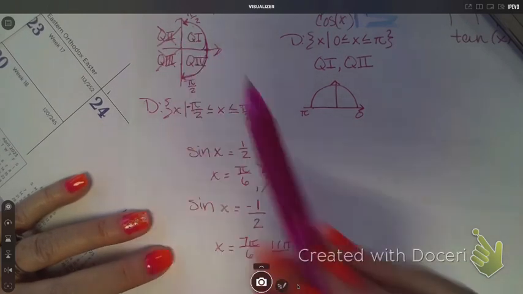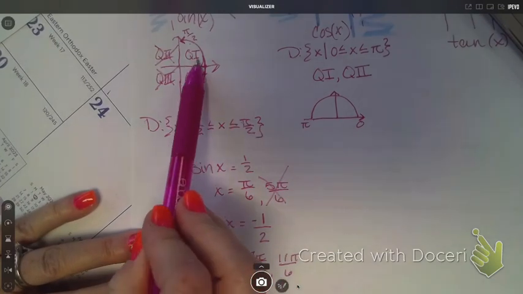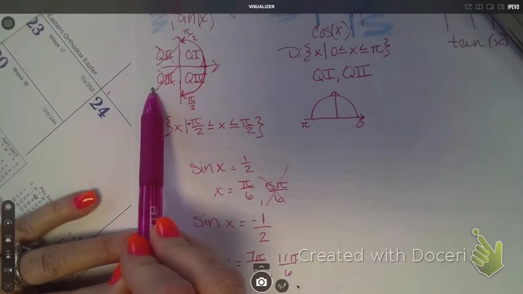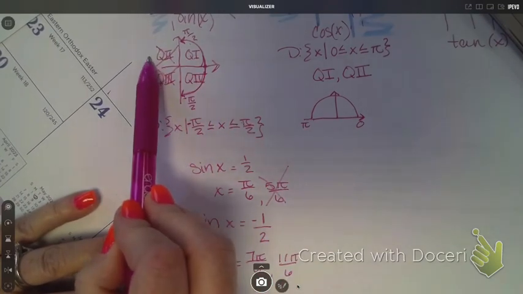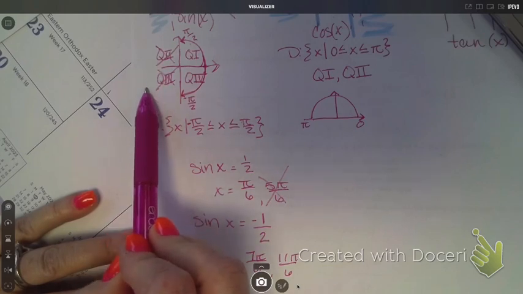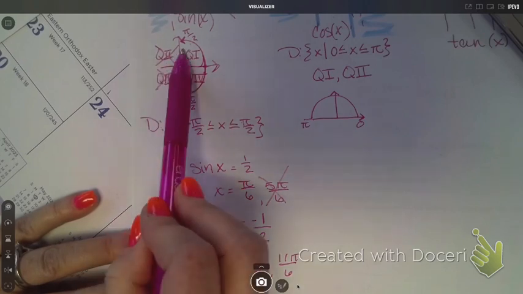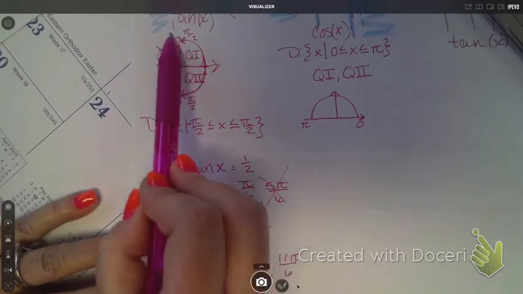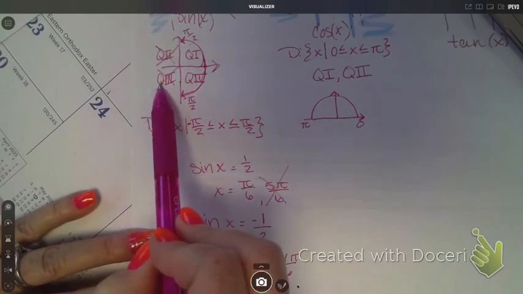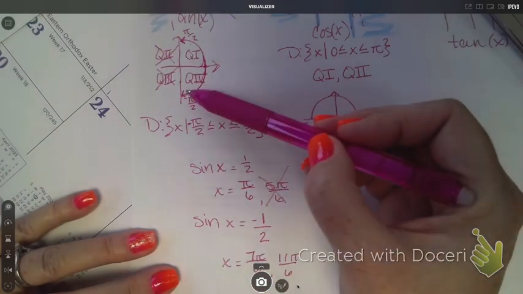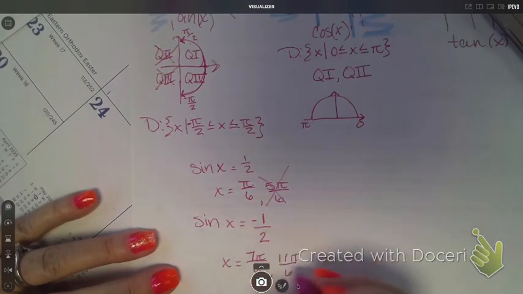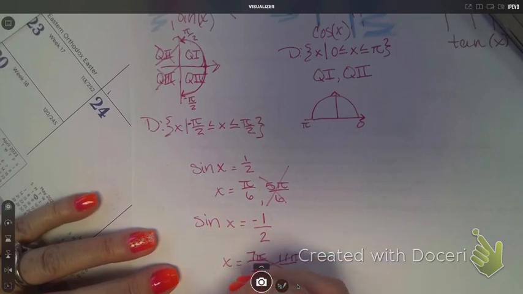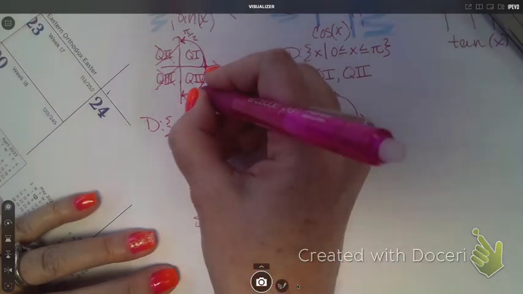Because to get to 7 pi over 6, I have to go this way, don't I? Does quadrant 2 exist? No. So I can't get to quadrant 3. And if I can't go through 2 or 3, can I get to 4 from this direction? No, the only way I can get to 4 is to drop. So the answer would be none of these. It would be x equals negative pi over 6, because you have to drop.